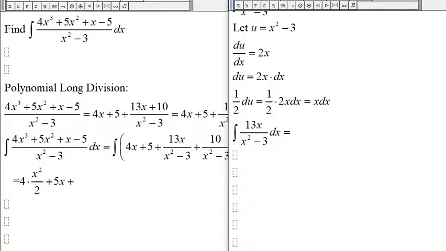So this integral is the same as 13 times 1 over (x^2 - 3), and then times x dx. So this will be 13, and x^2 - 3 is u, so we get 1 over u, and then x dx is 1/2 du.